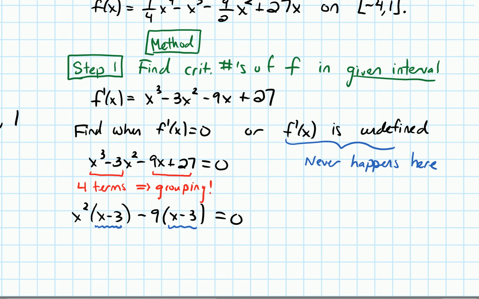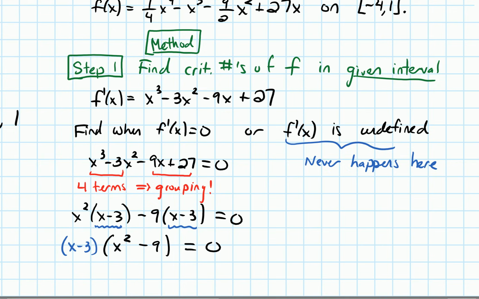And that's usually what we look for when we factor by grouping, to know that, oh, I have the right grouping. I have this common factor, so we can factor it out. Let's factor out the x minus 3, that common factor. And now we're at the leftovers. The leftover from the first group is x squared. The leftover from the second group is minus 9, after I take out the x minus 3.